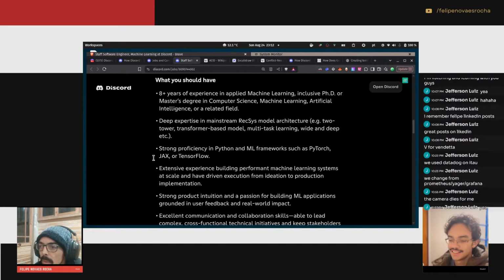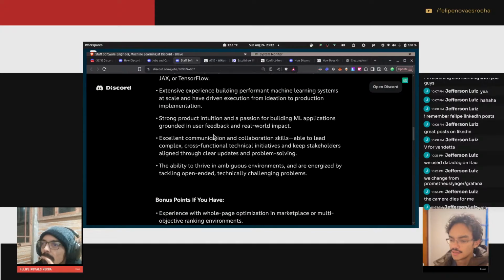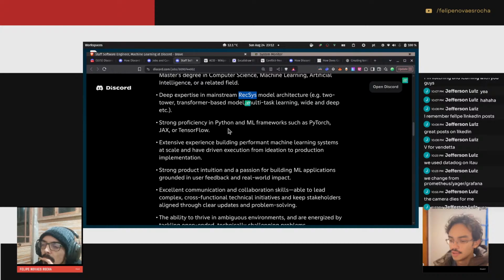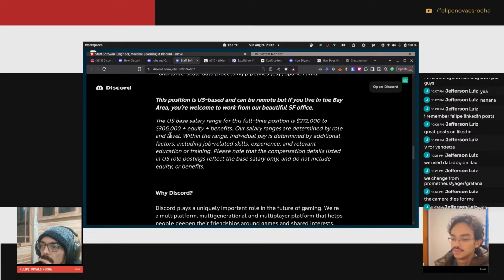Strong, deep expertise in mainstream hexes. What does hexes mean here? I don't know. Model architecture, two towers, transformer-based models, multi-task learning, okay. Wide and deep, strong efficiency.